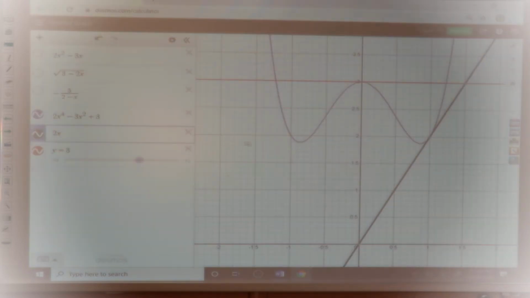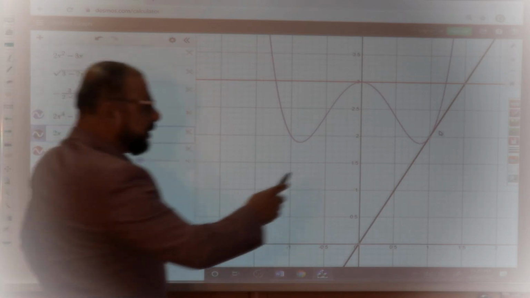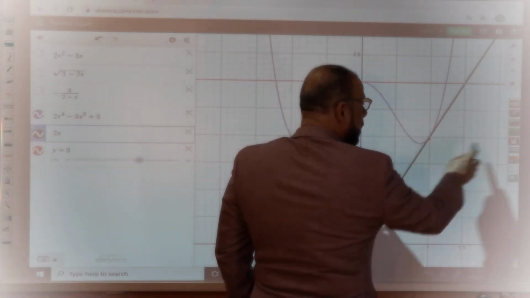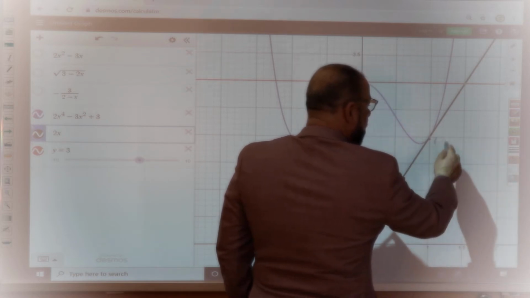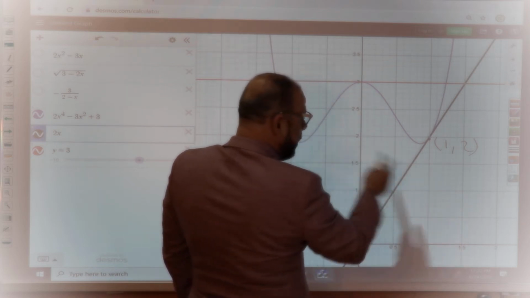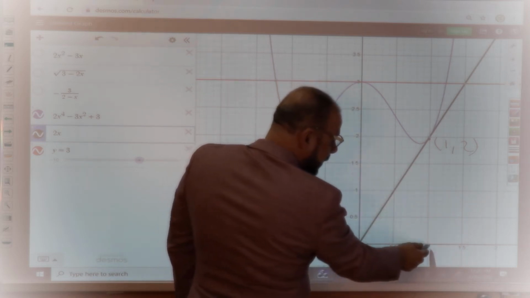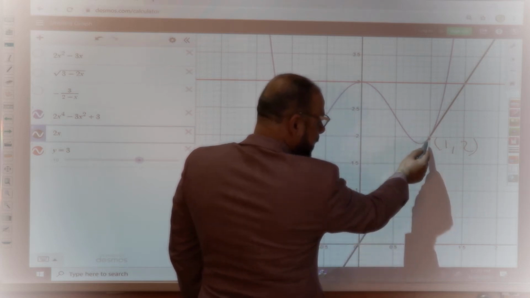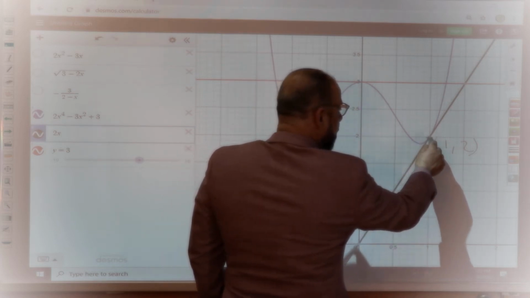Look here. This is the graph of any function, it doesn't matter. If you take this point, 1 and 2, you see, guys, x is 1 and y is 2, this point.